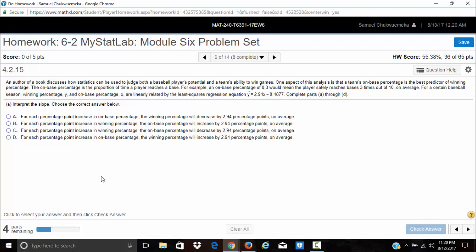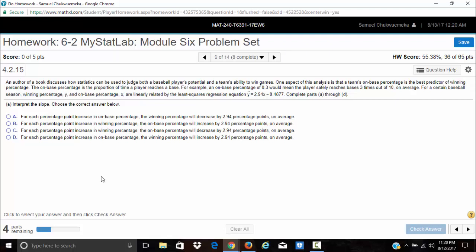One aspect of this analysis is that a team's on-base percentage is the best predictor of winning percentage. So on-base is the X and winning percentage is your Y.